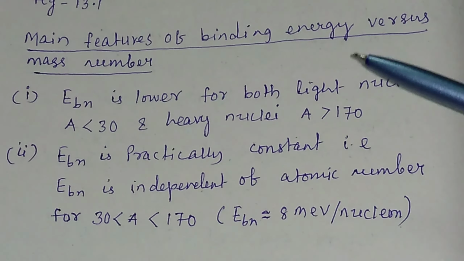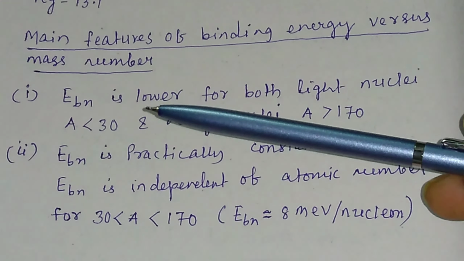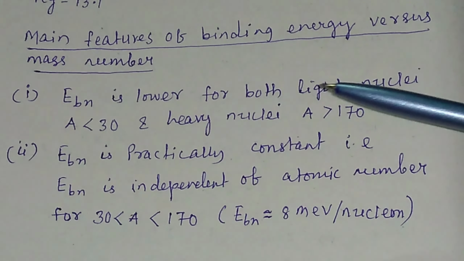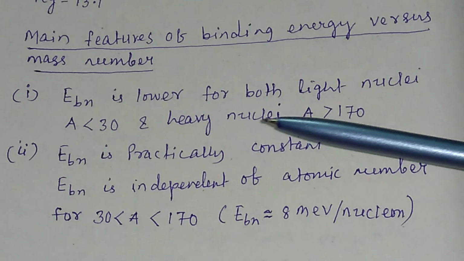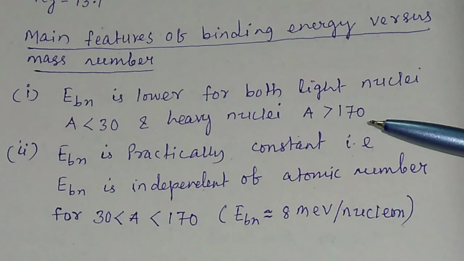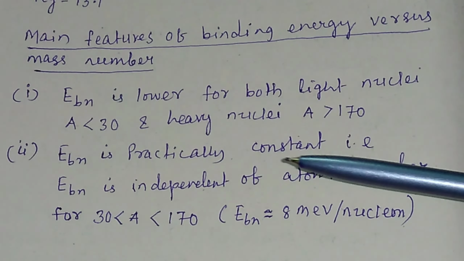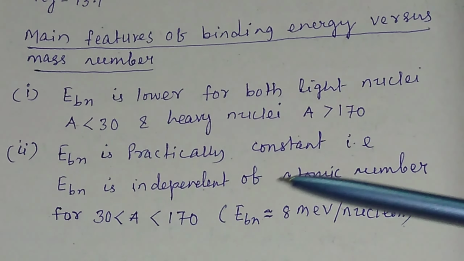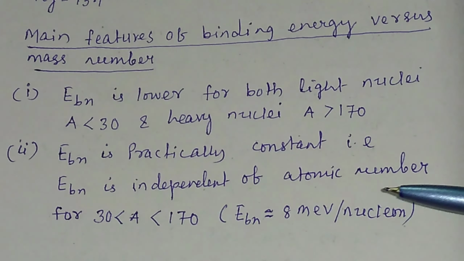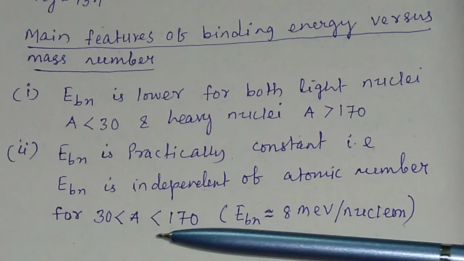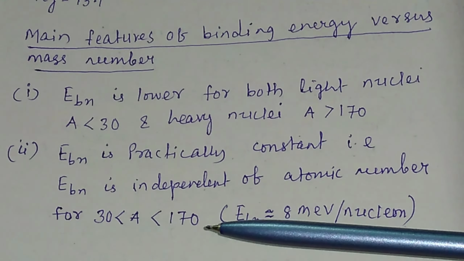So what are the main features of binding energy versus mass number? The average binding energy per nucleon is lower for both light nuclei, that is mass number less than 30, and heavy nuclei, that is mass number greater than 170, and it is practically constant, independent of the atomic number, for mass number between 30 and 170.